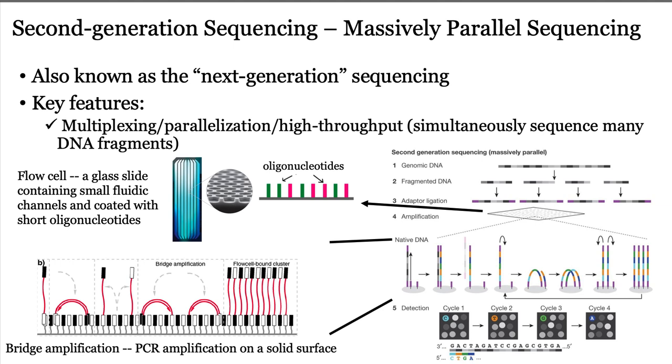The purpose of that adapter sequence is that it can base pair with the oligonucleotide on the slide. So the purple is the adapter sequence. The other colors here are not really important. They could represent different base pairs, but for the purpose of this class, they are not important at all.